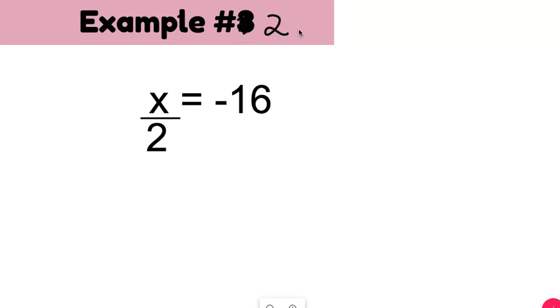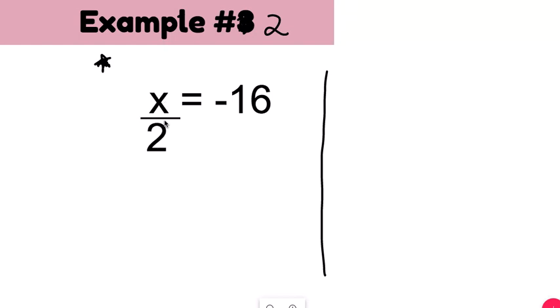Example number 2, x over 2 equals negative 16. Now we're going to take a look at this 2 different ways again. The first method is probably what you learned in 7th grade. X is being divided by 2.